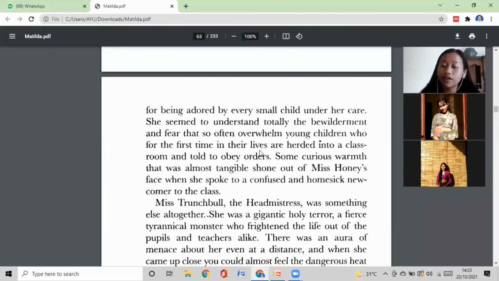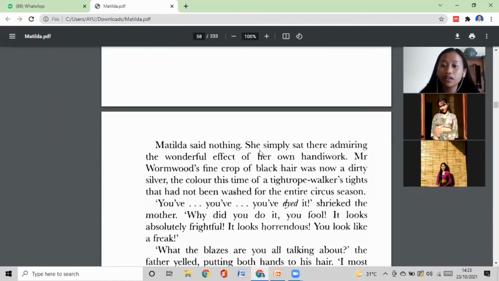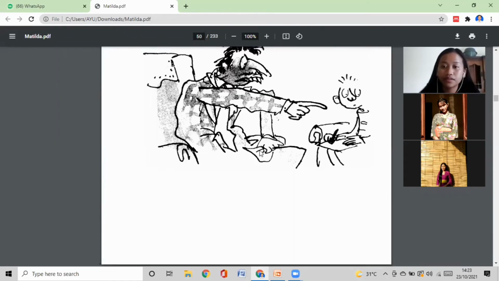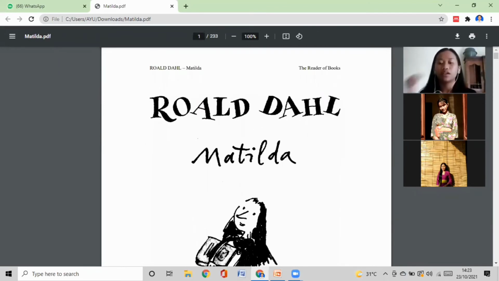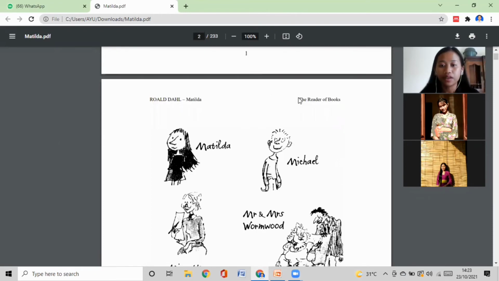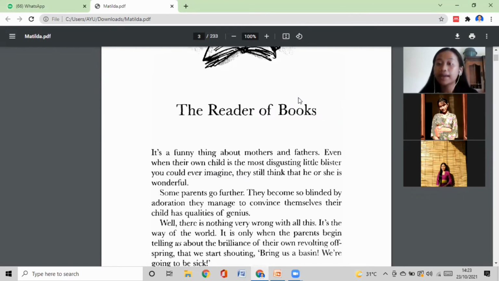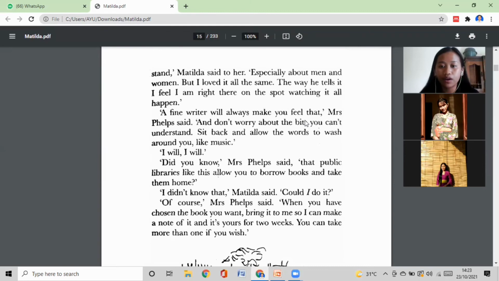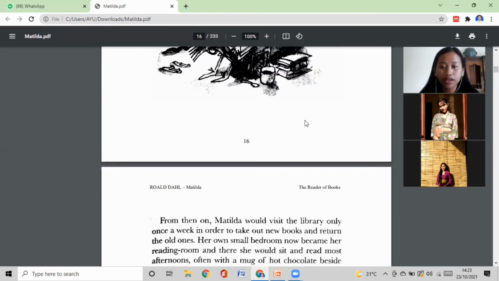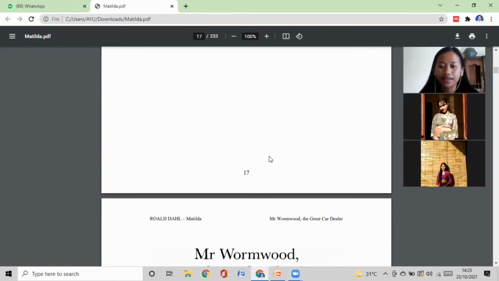So I want to ask, does everyone already have this novel? Yes, Miss. Okay, everyone already has this novel. So the novel is Roald Dahl's Matilda. So here you have to read only one chapter entitled The Reader of Books, from page 3 to page 17.